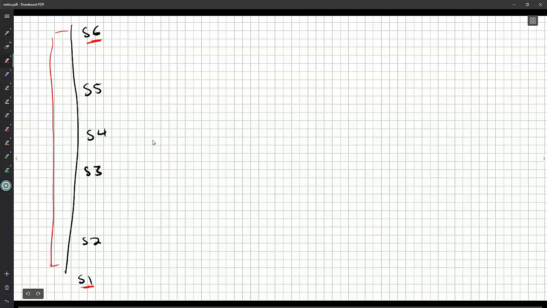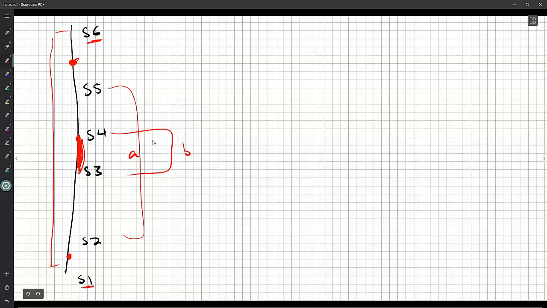Now, if the meeting point is above S5 or below S2, if I call these distances A and B, everyone's walking at least A plus a bit and B plus a bit. Everyone's walking at least A plus B. Or if we're walking here, S2 is going at least A and S3 is going at least B. But I think anywhere in between here should work.